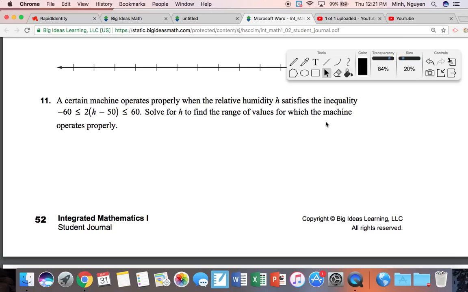So here, we're just gonna distribute the 2. So you have -60 less than or equal to 2h minus 100, and I will give you verbal directions. You will add 100 to all 3 sides, and then you will divide everything by 2.